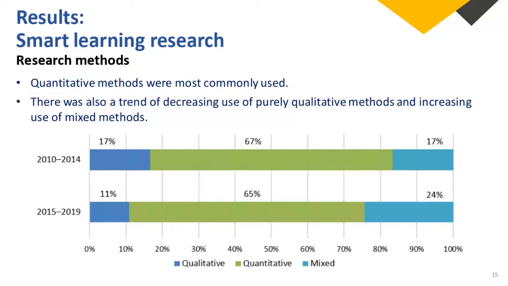As for the methodology taken, it seems that quantitative studies occupy most, about 2/3 of the articles in both periods, except that in the second period, mixed method is more often used.